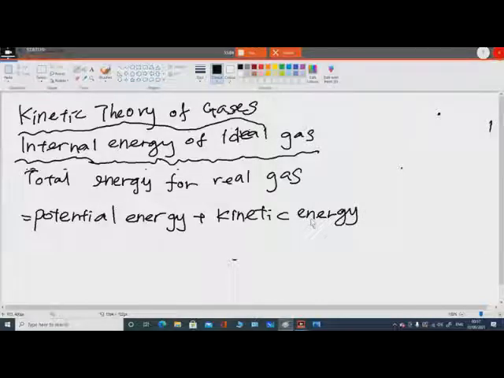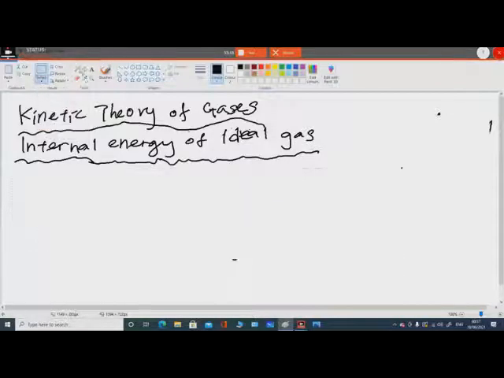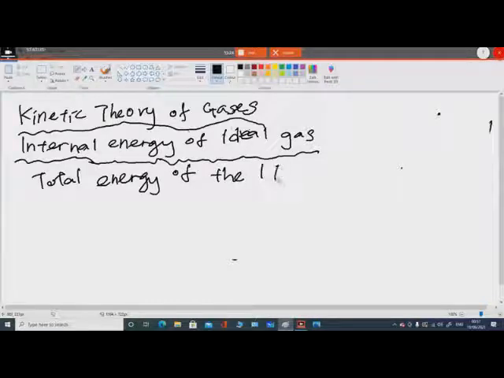Alright, so let's move on to the ideal gas. As for the total energy of the ideal gas, we discussed from the previous parts that the intermolecular forces for the ideal gas can be neglected.